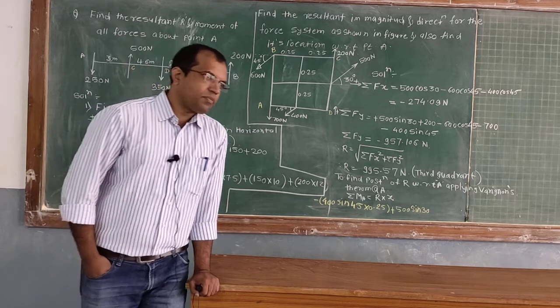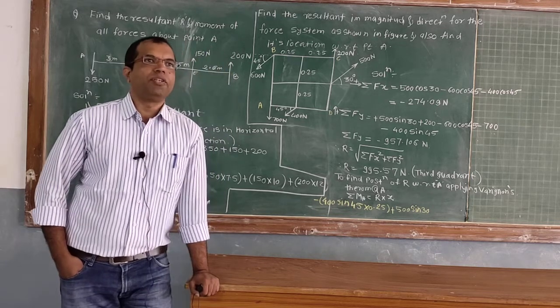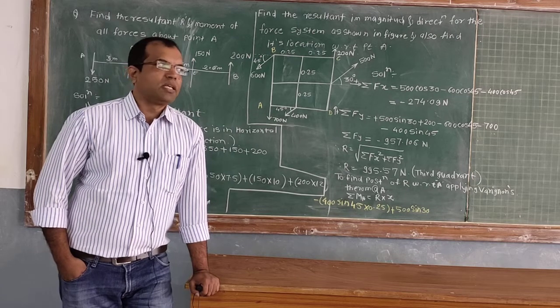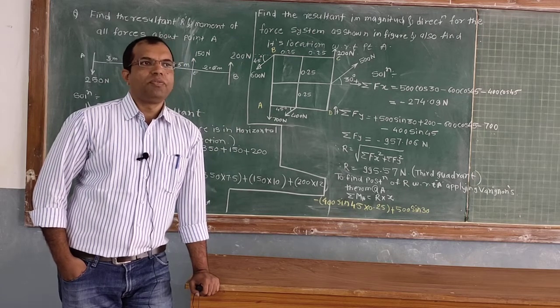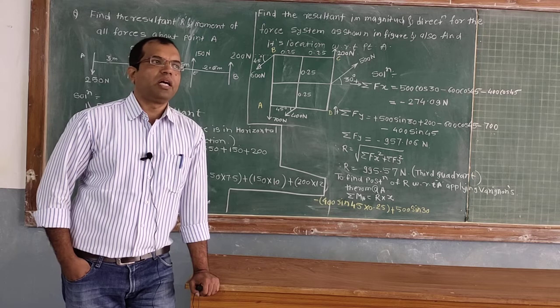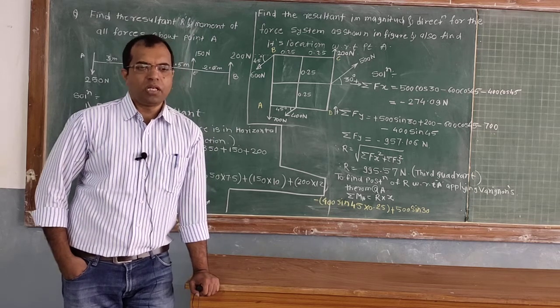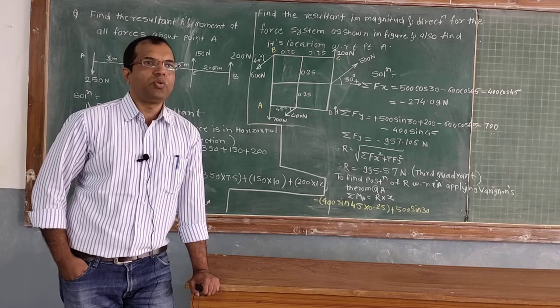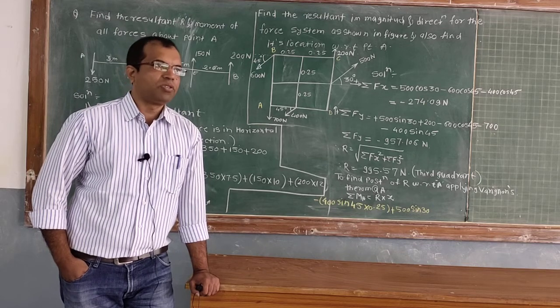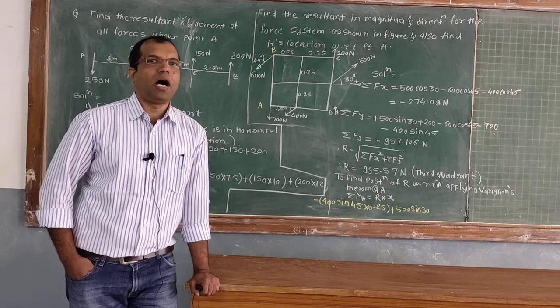negative. After that we learned the definition of couple. What is a couple? Two equal and opposite forces produce a couple. A turning effect produced by the forces is known as a couple. The couple is produced only by two equal and opposite forces separated by a lever arm.